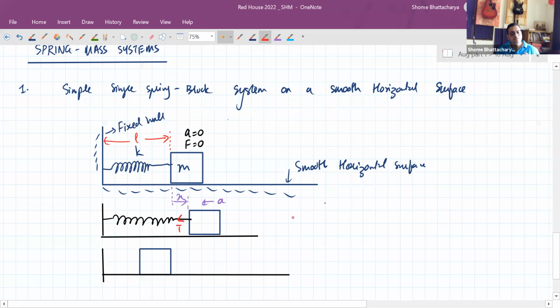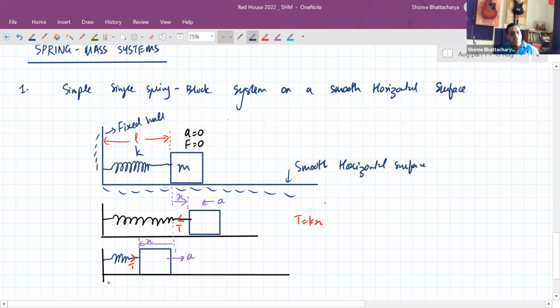So it will apply a tension of kx. Or if the block on the other hand is pushed towards the left, so it has a displacement now in this direction, you'll have an acceleration in this direction.